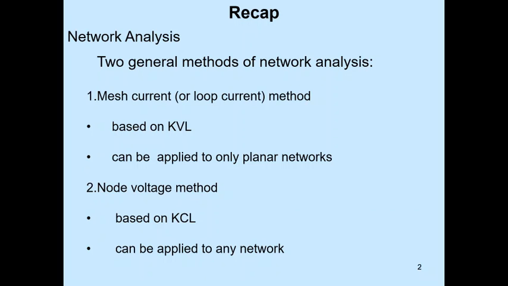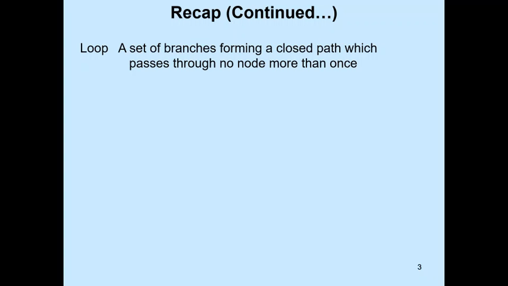So, now I am going to discuss these two methods with the help of Kirchhoff's voltage law and Kirchhoff's current law. Just I am refreshing the last class. What is a loop, what is a branch, and what is a mesh and node.